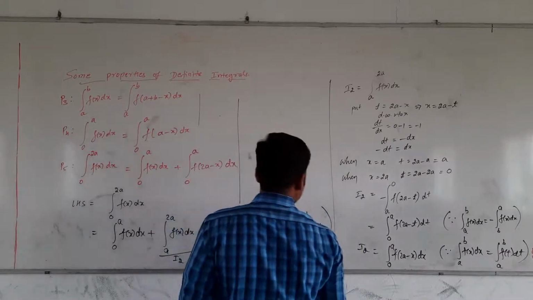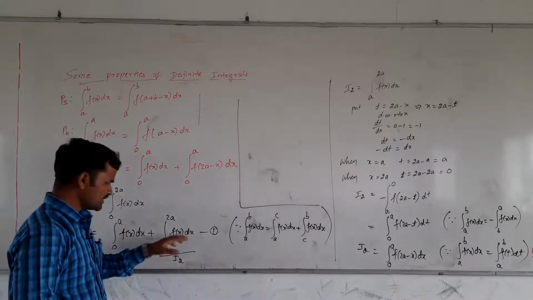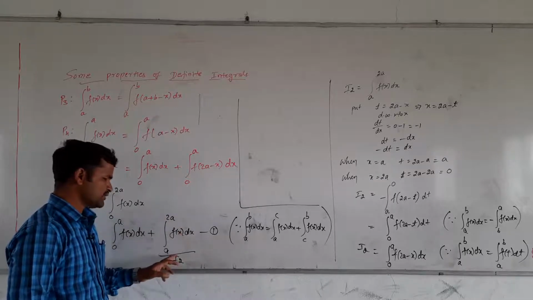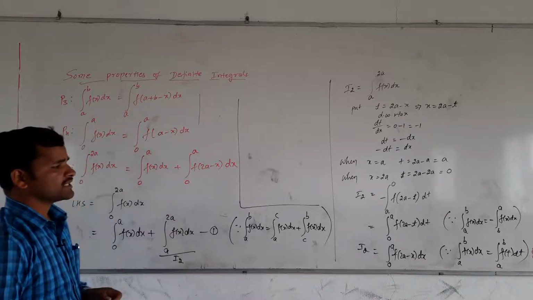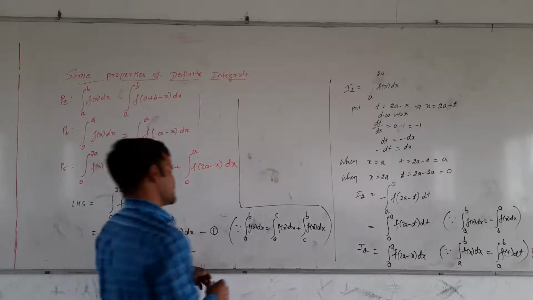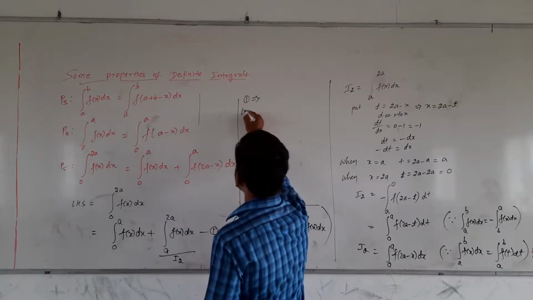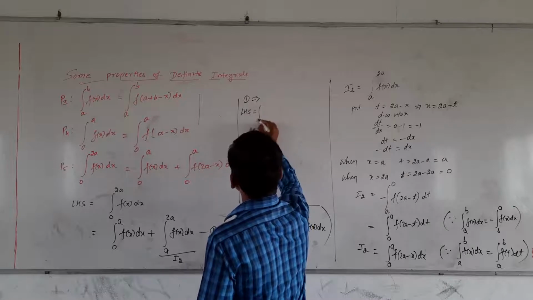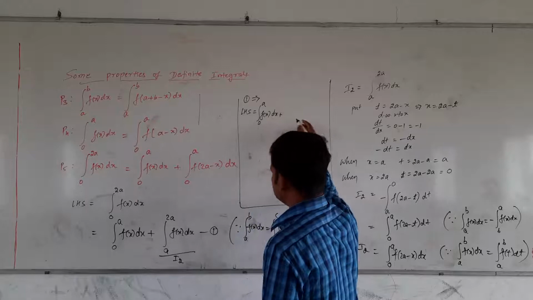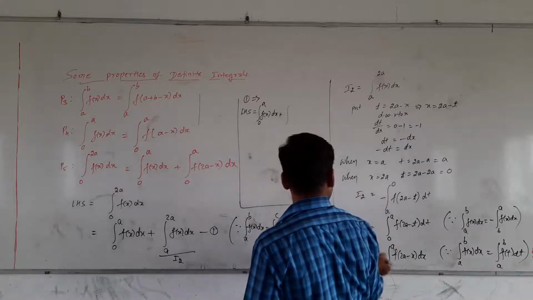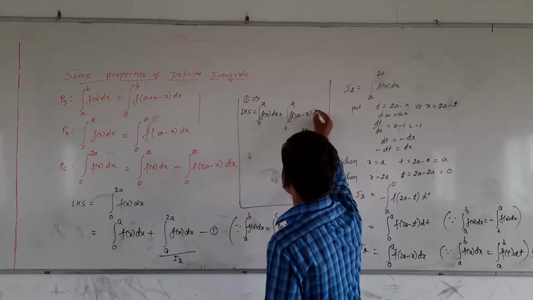I will substitute this I2 in equation 1. I2 was the integral from a to 2a of f of x dx. With the substitution t is equal to 2a minus x, we got I2 as the integral from 0 to a of f of 2a minus x. Therefore, equation 1 implies LHS is equal to the integral from 0 to a of f of x dx plus I2, which I got as the integral from 0 to a of f of 2a minus x dx.